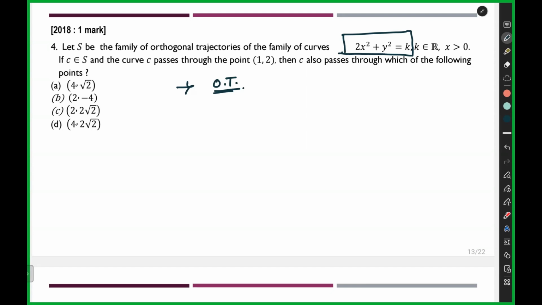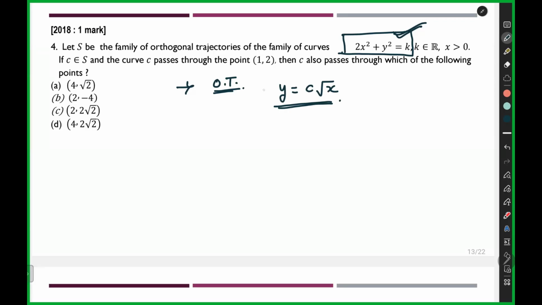Has anybody solved for the orthogonal trajectory of the given family of curves? So y equals c root x. Okay.